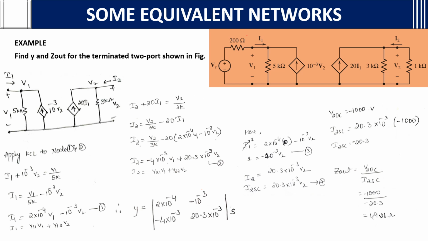This V2 is nothing but V2 OC. V2 OC becomes minus 1000 V after calculating. If you substitute V2 OC in the I2 SC equation, you will get I2 SC as minus 20.3. So Z out is nothing but V2 OC by I2 SC. You will get 49.26 ohms as the Z out.